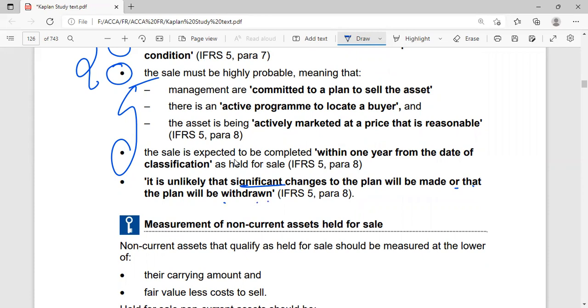Second, the price should be at fair value, reasonable, actively marketed at a reasonable price. Third, management is committed to a plan to sell the asset, an active program to locate the buyer, and the sale must be done within 1 year from the date of classification.